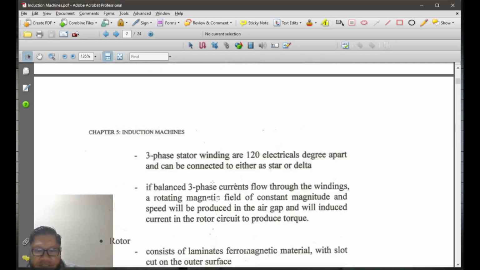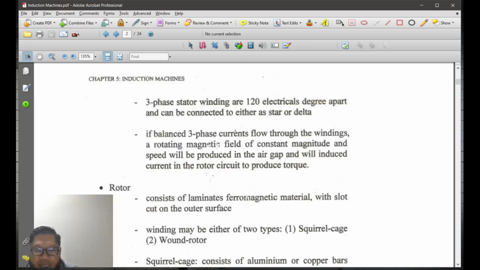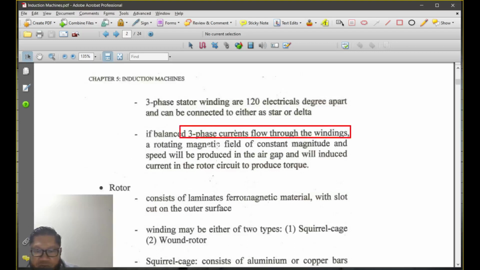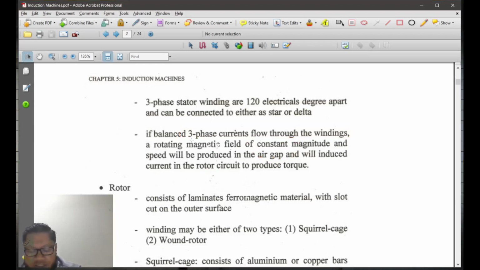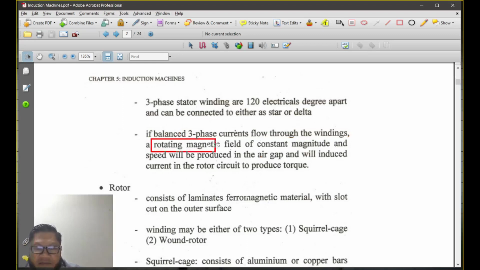The three-phase stator windings are 120 electrical degrees apart and can be connected in star or delta. If balanced three-phase current flows through the windings, a rotating magnetic field of constant magnitude and speed will be produced in the air gap and will induce current in the rotor circuit to produce torque. So when we start to discuss the circuit operation, we're going to consider the rotating magnetic field produced by the stator.